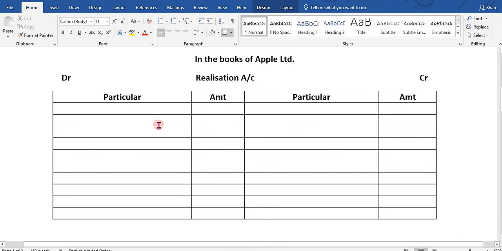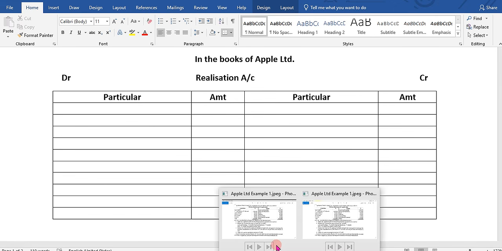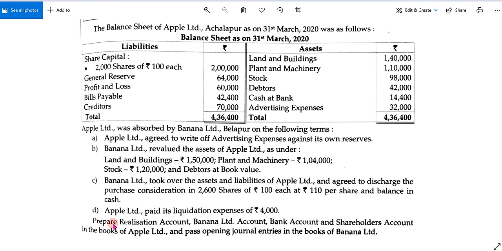Now next we have to prepare the accounts. Okay, so in the books of Apple Limited we have to prepare realization account, Banana Limited account, that is purchasing company account, bank account and shareholders account, and also we have to pass the journal entries in the books of Banana Limited.